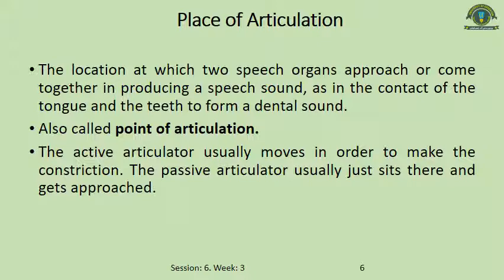The passive articulator usually just sits there and gets approached. Now you can understand the difference between the active articulator and the passive articulator. What is the job of the passive articulator? Simply sitting, relaxing, because it's the job of the active articulator. Time and again I said that one of the wonderful blessings of Allah subhanahu wa ta'ala is the tongue.